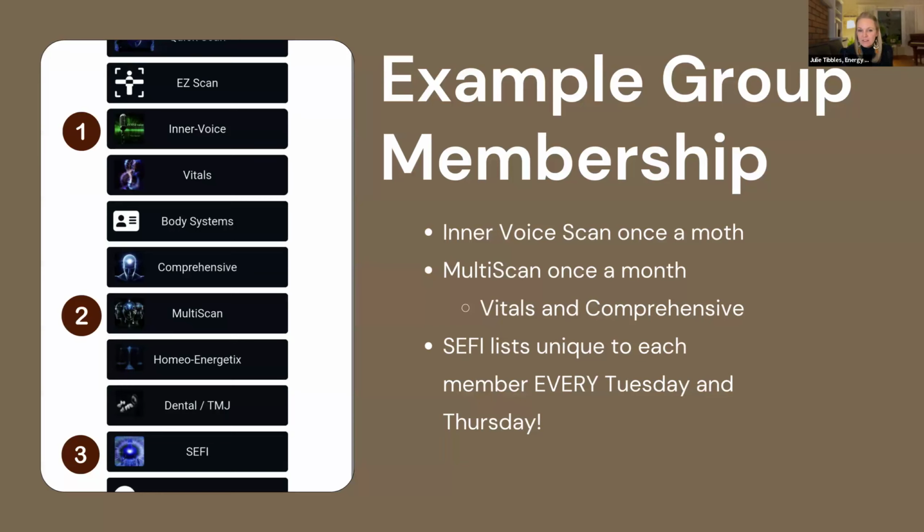But what I will do is go into each of the sections in Cephi that will allow you to scan. So for example, you can scan flowers to see what flower that person needs, which is going to help bring them emotional balance. You can scan the affirmations to see what they need within that section. So I'll scan each section for my client and create a Cephi list based on the scans and then based on their symptoms. And then they get those Cephi lists every Tuesday and Thursday.